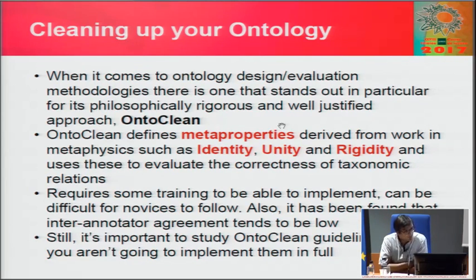OntoClean is, as I said, fairly philosophically rigorous, and it uses meta properties such as identity, unity, and rigidity, which are actually derived from work in metaphysics. It uses these meta properties in order to evaluate the correctness of taxonomic relations between concepts, and to evaluate whether these are actually spurious or not, or whether we need to introduce other kinds of relations into our ontology.